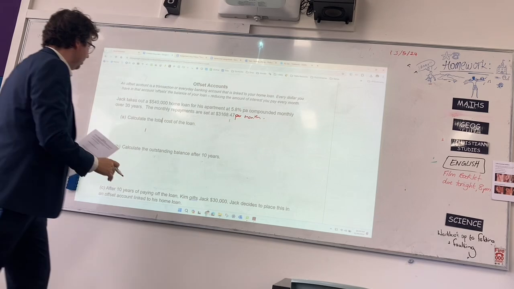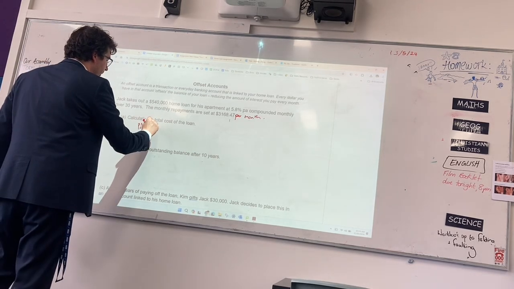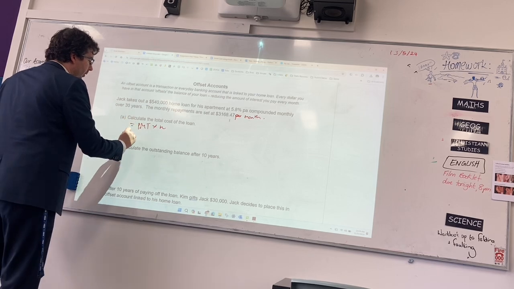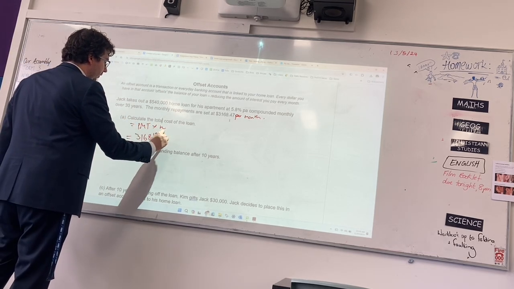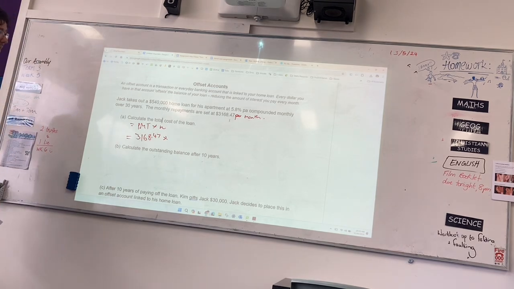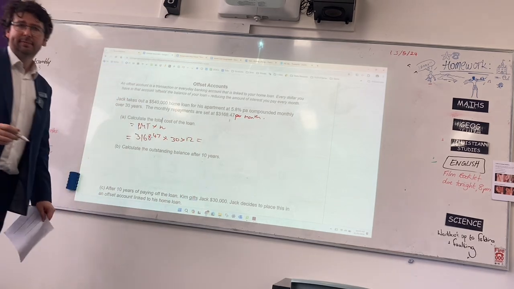Okay, let's see the power of offset accounts. Calculate the total cost of the loan. How would we work out the total cost of the loan? PMT times N, good. $3,168.47 times, what's our N? 30 times 12, good.